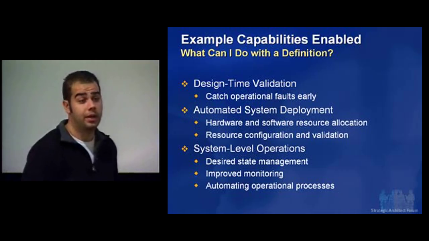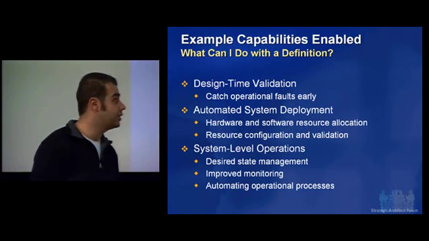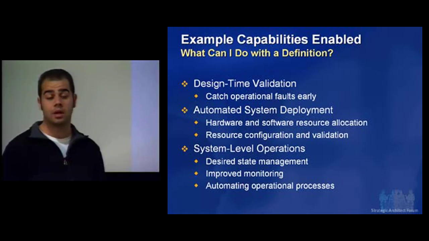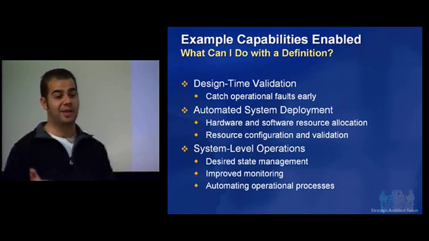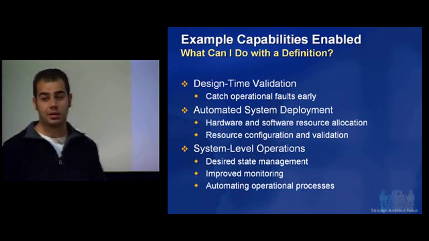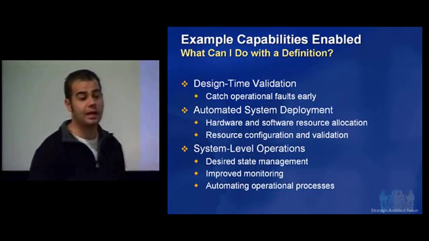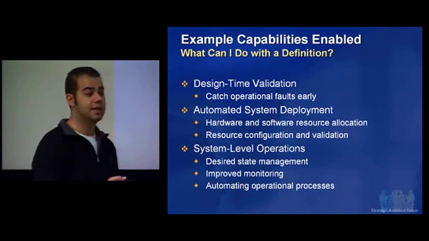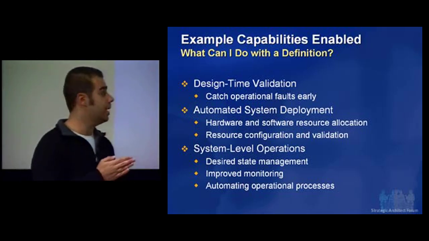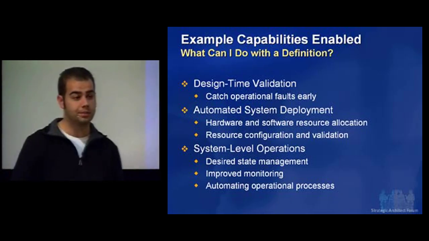That could be a flexible decision that's made on behalf of the operations staff, so I could actually ask them to change it. But the last thing I want is to get a page over the weekend when they're deploying my app and they tell me it doesn't work. I want to enable this dialogue between the operations staff and the development staff very early on in the design cycle, because it has an immense bearing on how I design my application and how the operations staff do their work.